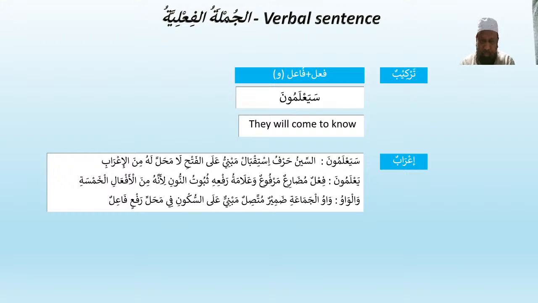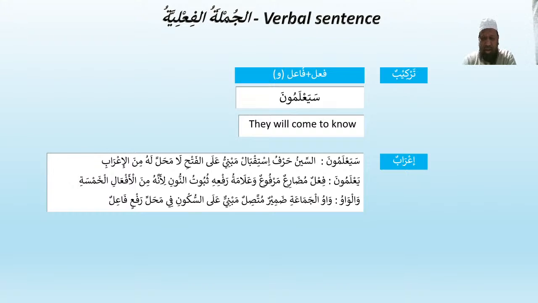So because the noon is present, we call it ثبوت النون. If the noon is not present or deleted, we'll do the إعراب differently. So here the noon is visible, we say ثبوت النون.